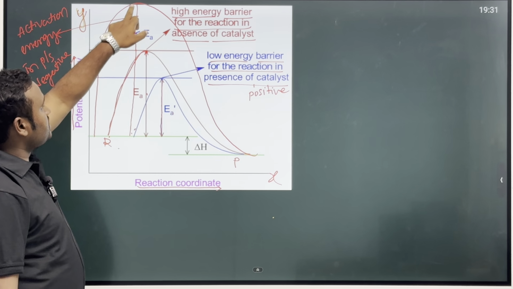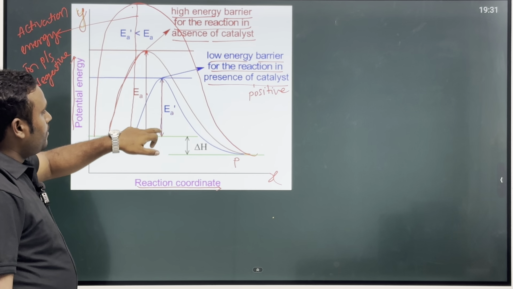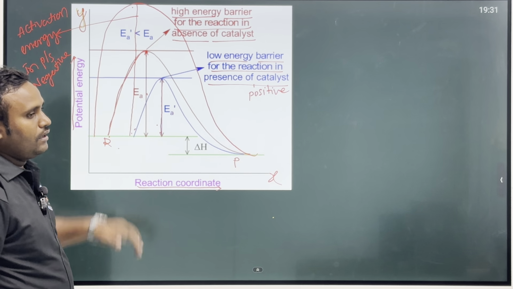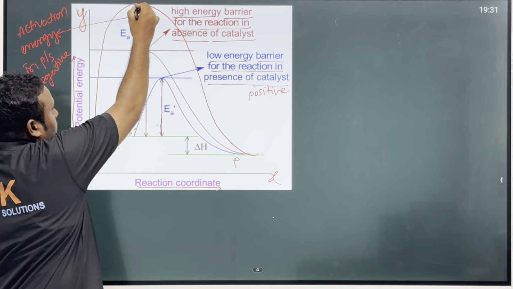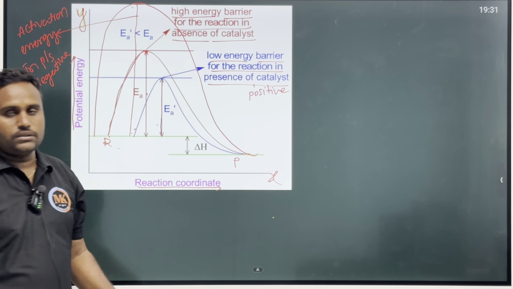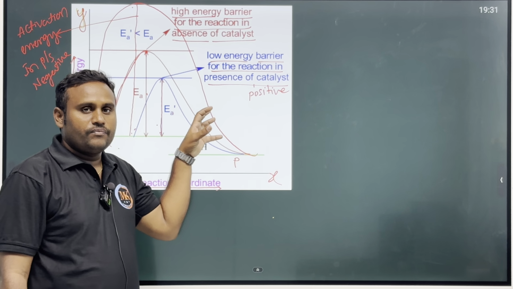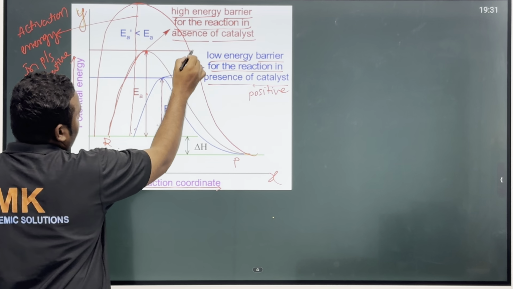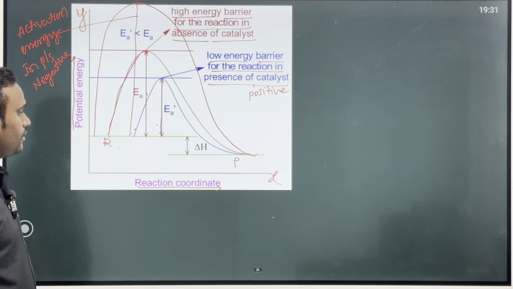So negative catalyst increases the activation energy, positive catalyst decreases the activation energy. That's why when we have a negative catalyst, the rate of reaction is very slow. When we have a positive catalyst, the rate of reaction is very fast. And in the presence of normal conditions, you can consider a normal rate of reaction.